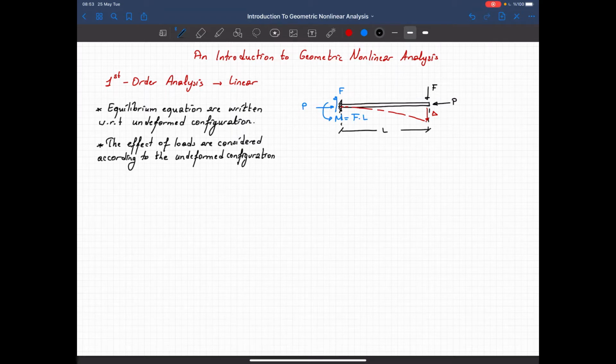So basically what we are assuming here is the nodal displacements and rotations are small. Or let's just write it as small displacements. That's what we were assuming.